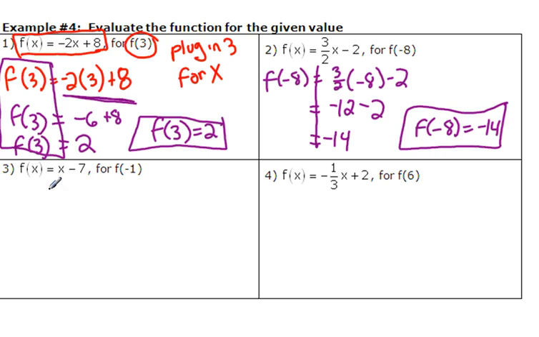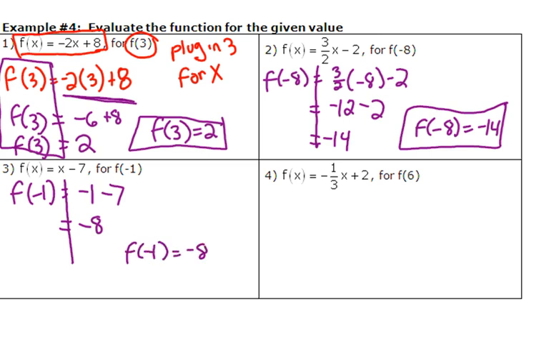So 3 is the same exact thing. F of negative 1 equals negative 1 minus 7. I don't solve the function side, I just solve the right side. Negative 1 minus 7 is negative 8. So f of negative 1 equals negative 8. And then the last one.